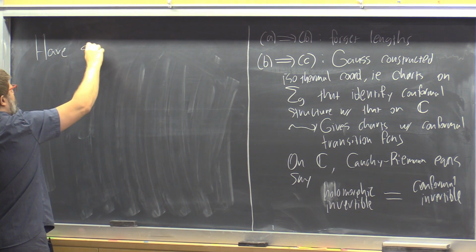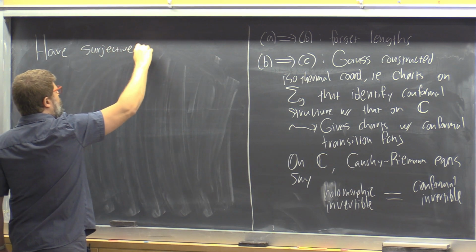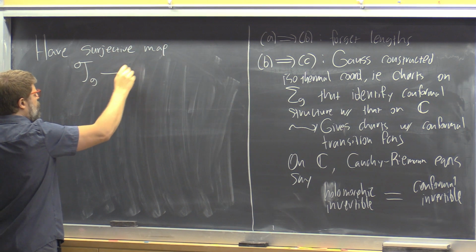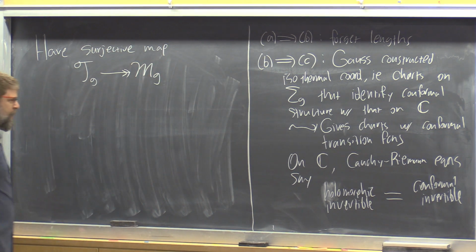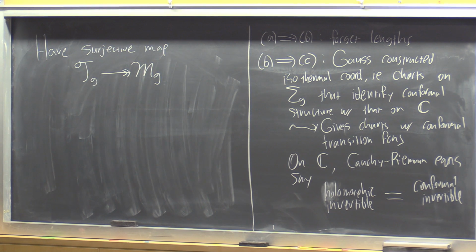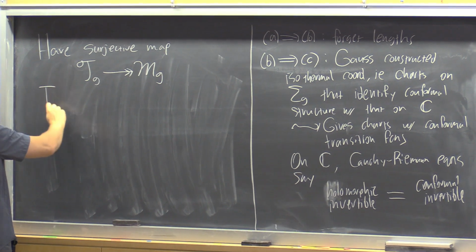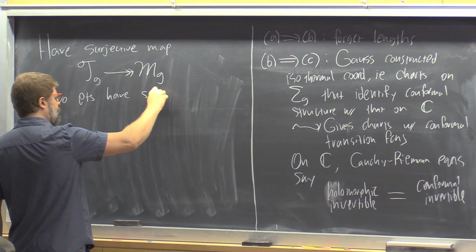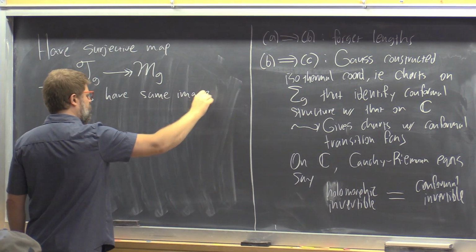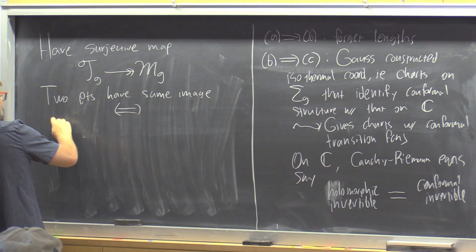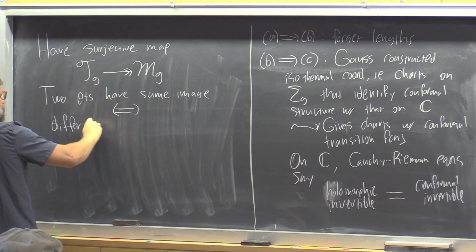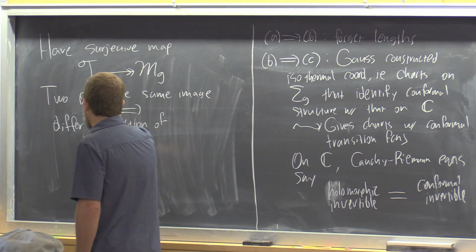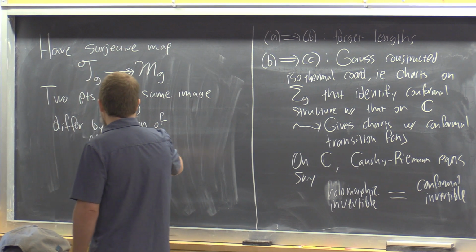So we have a surjective map from Teichmüller space to M_G, and two points have the same image if and only if they differ by the action of what's called Mod_G. This is the mapping class group.